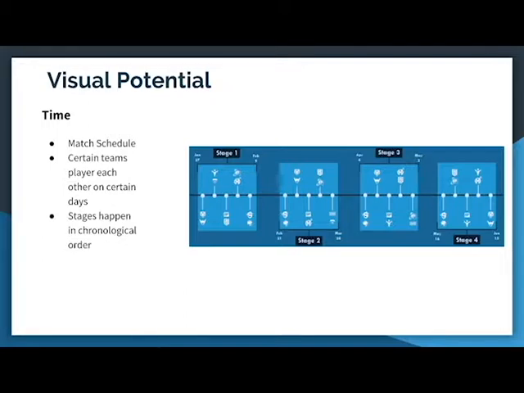And this has visual potential because time in chronological order can be displayed visually, basically from left to right. And also the stages being sectioned out have even more visual potential for me to display it as different sections on a timeline.